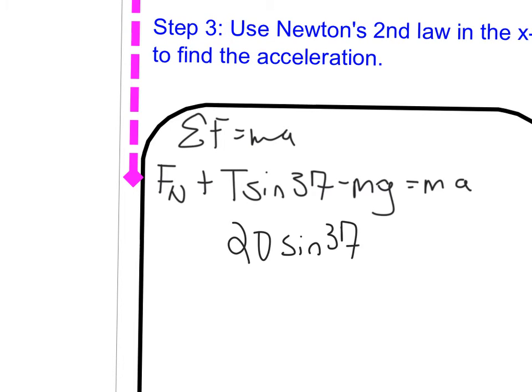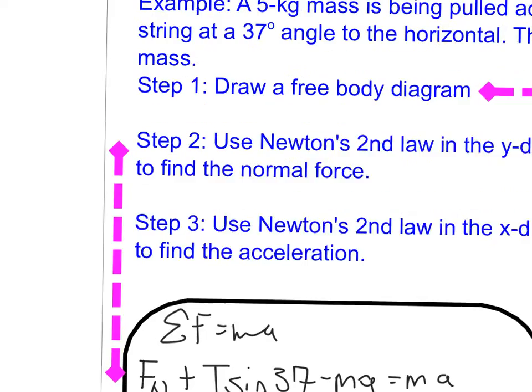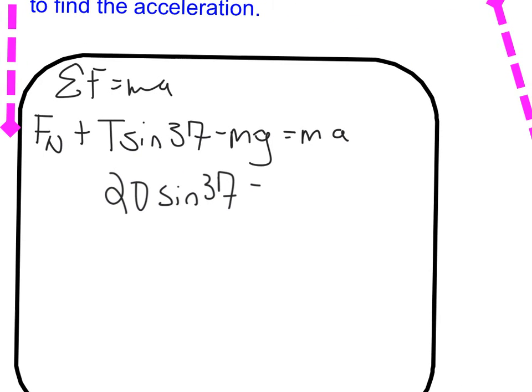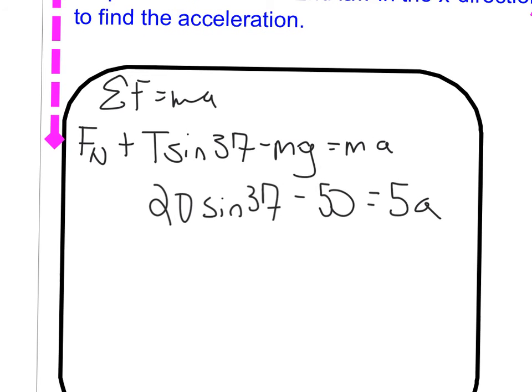Again, I think that should be about 12, so I'm going to go with that. Let's work back down here. 5 kilograms times 10 for the acceleration due to gravity is 50, plus 5a. And my normal force is still unknown. That's what I'm actually looking for.